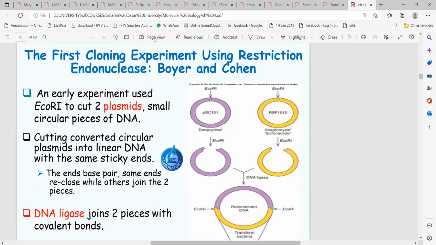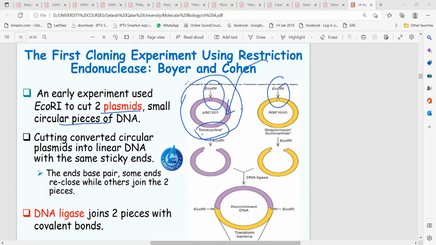An early experiment used E. coli to cut two plasmids, small circular pieces of DNA. E. coli is cutting here, E. coli is cutting here. These are plasmids. Tetracycline and streptomycin. This is antibiotic resistance. These plasmids we are getting from bacteria.